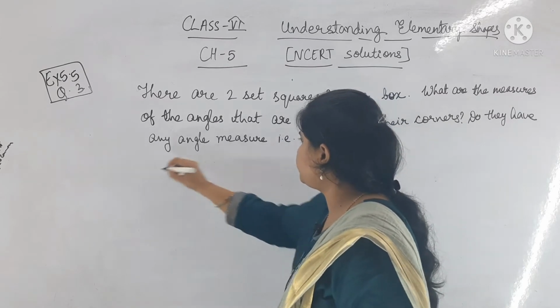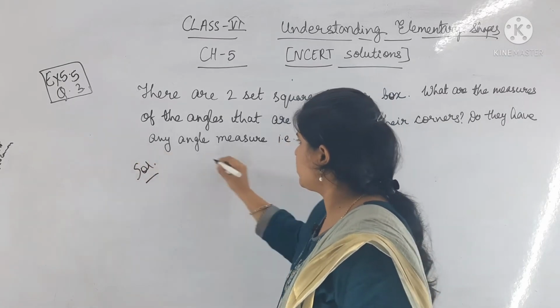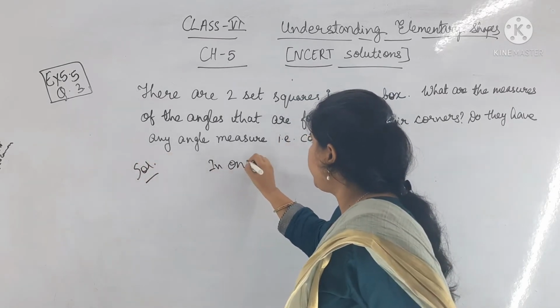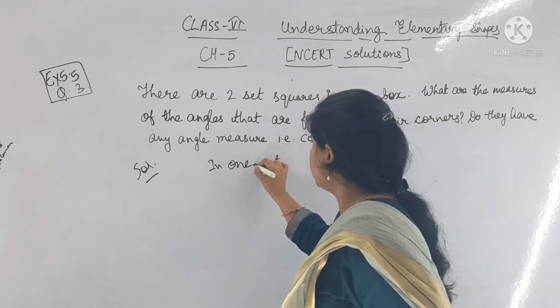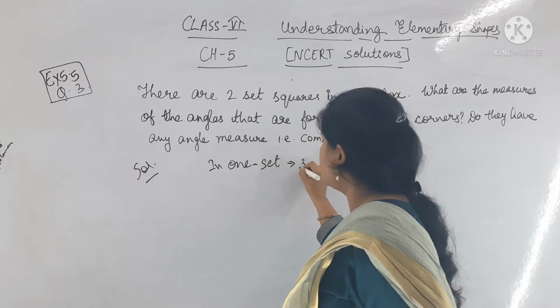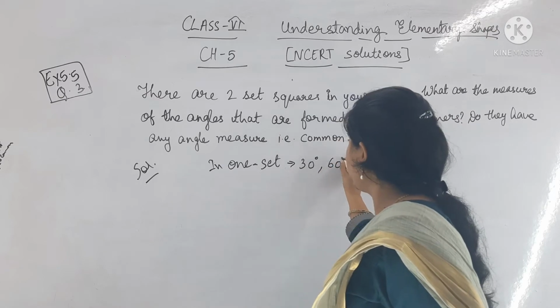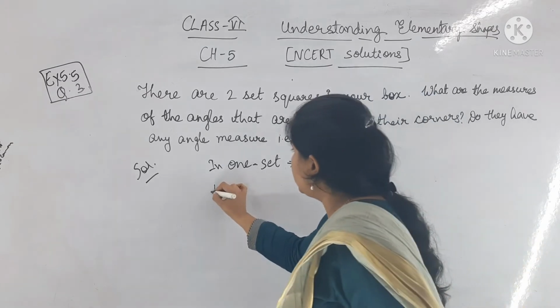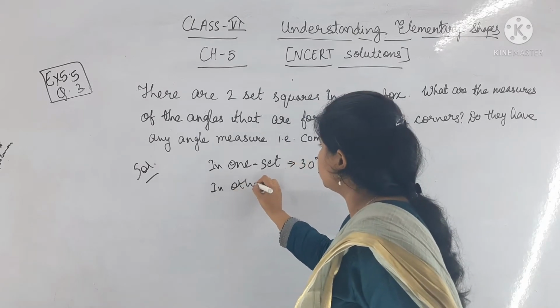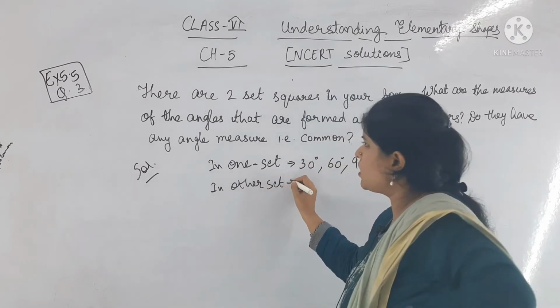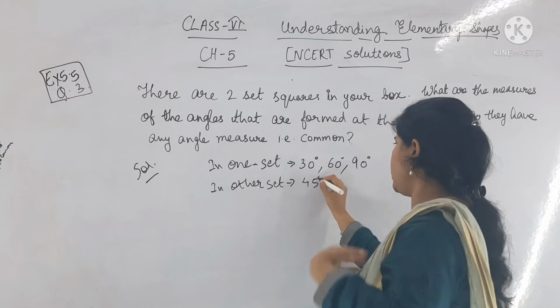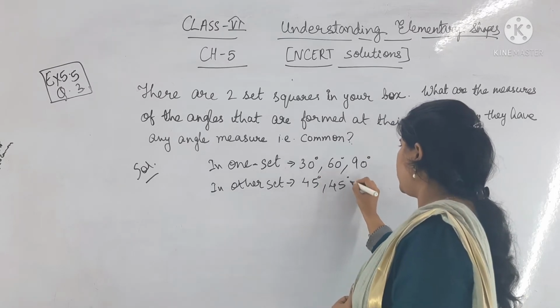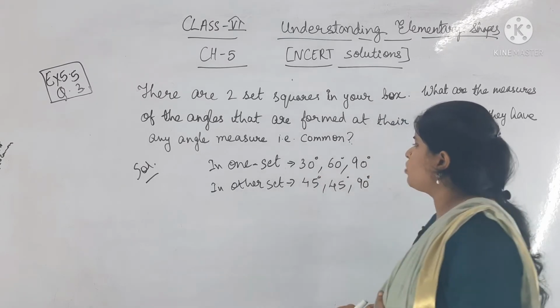In one set you have 30 degrees, 60 degrees and 90 degrees. In the other set you have the angles 45 degrees, 45 degrees and 90 degrees.